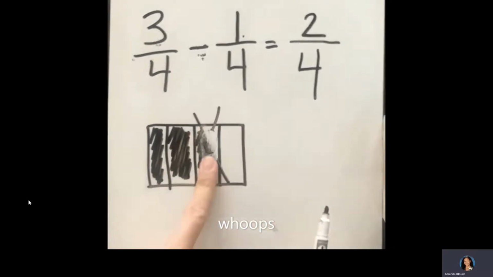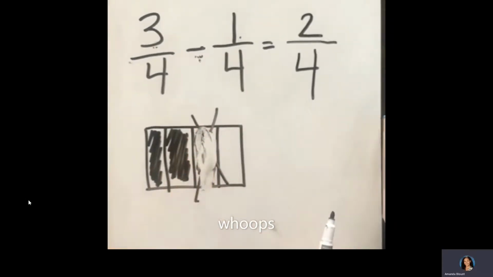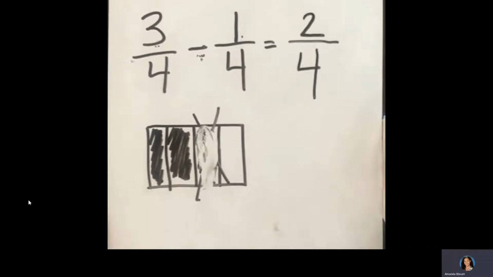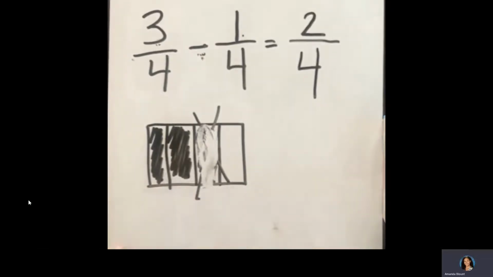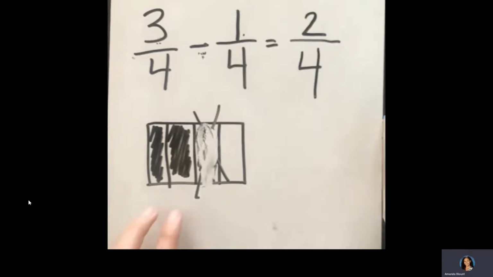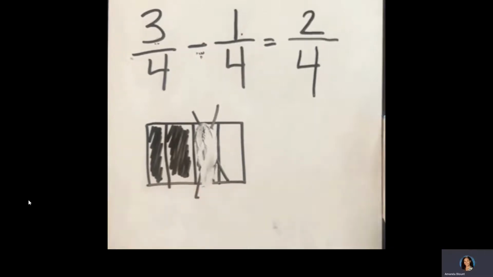Okay, and how many fourths do you have left? We have 2/4 left. It even shows. 2/4 is the same as 1/2 because half of my squares are shaded and half of them are not.